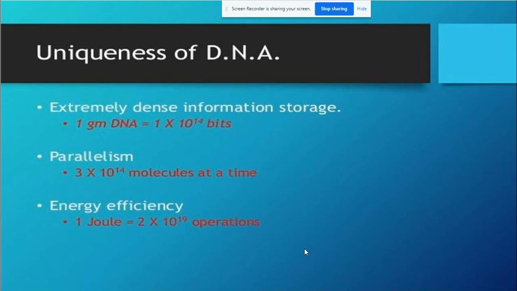So that's a huge number. And for energy efficiency, 1 joule equals 2 into 10 to the power 19 operations. So that holds a really huge amount of data inside a DNA.